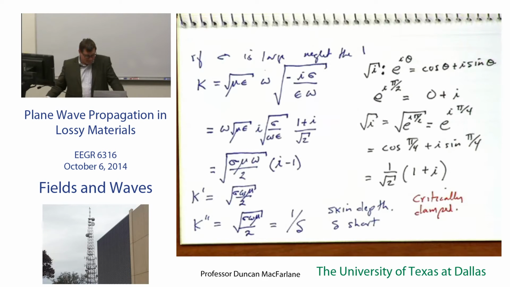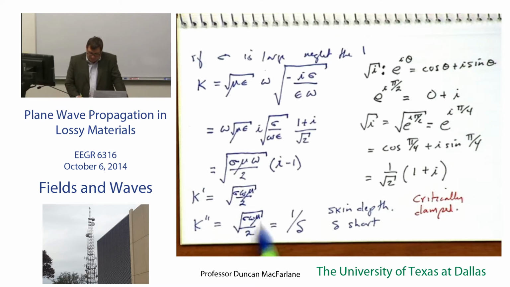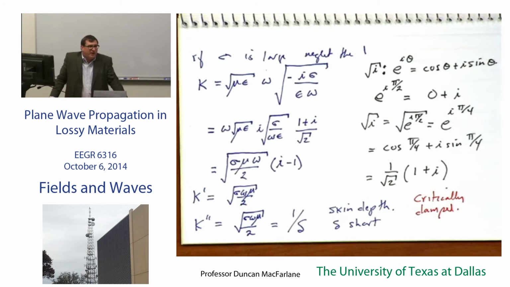Okay. So skin depths for metals are calculated by this, and if you're working with metals, it's not a bad thing to know what your skin depth is. That's basically how far into the surface of the metal the wave propagates. And it doesn't really even propagate. It just sort of surfs in there.